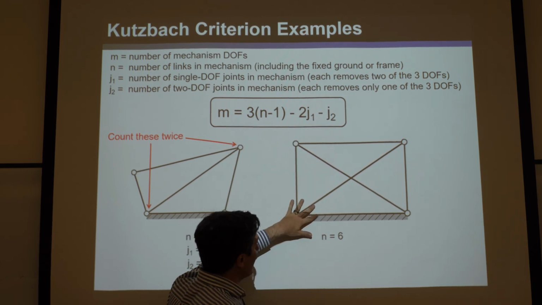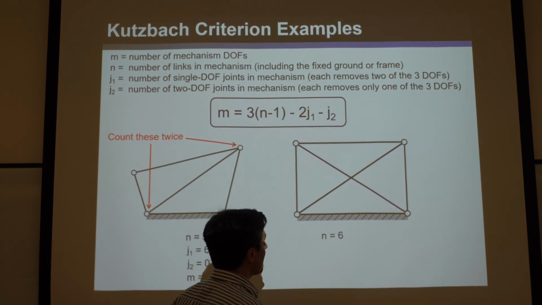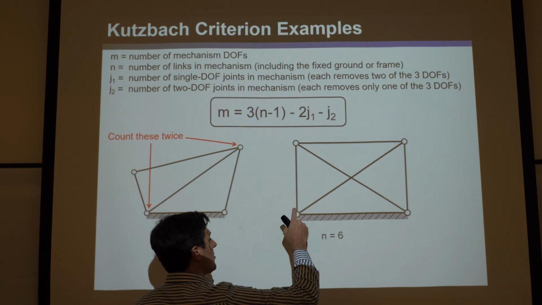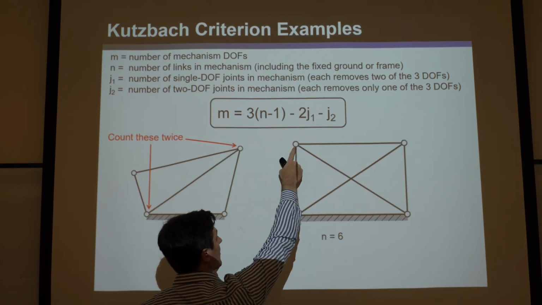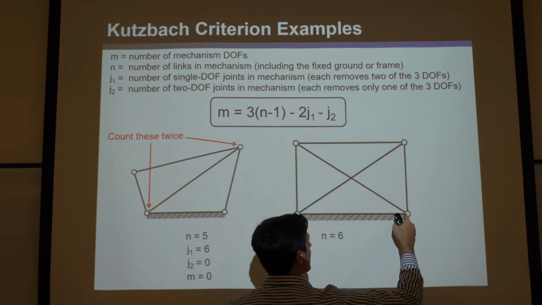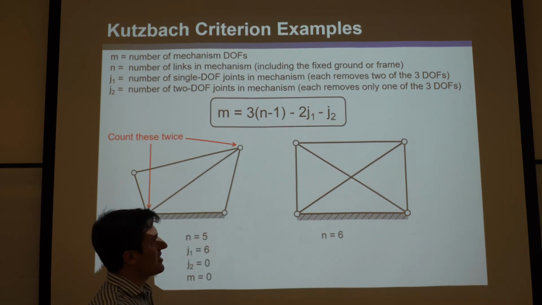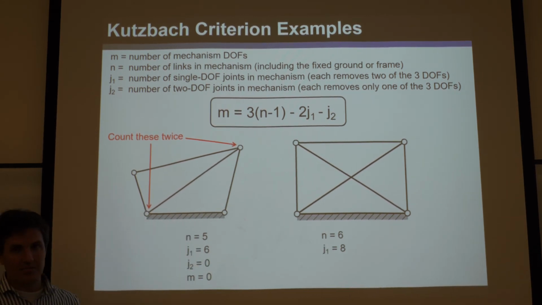You ask how many lines go into each and subtract 1. So you count that twice, count that twice, count that twice, and count that twice. So it's basically 4 times 2, which is 8. J1 would be 8 there. And there's no J2, no joint with 2 degrees of freedom.